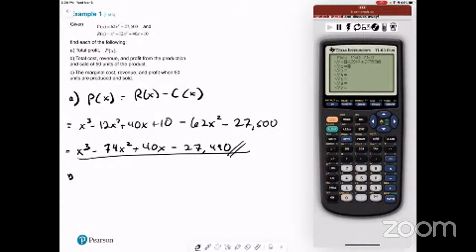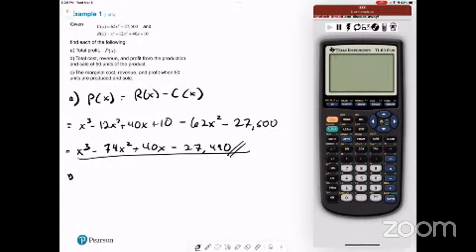And then we'll put our revenue function in Y2. So this one, x cubed minus 12x squared plus 40x plus 10. Okay. All right. Let's go like this.